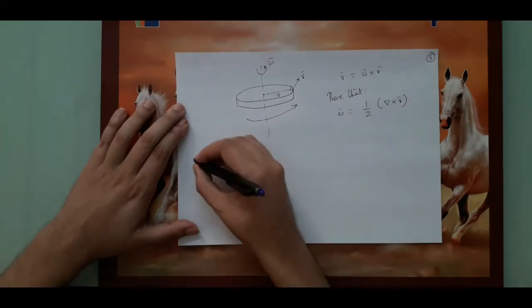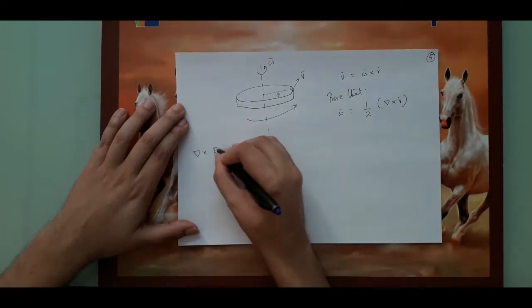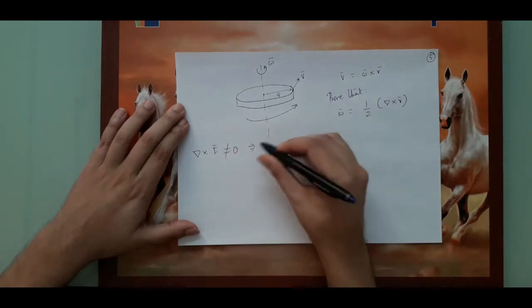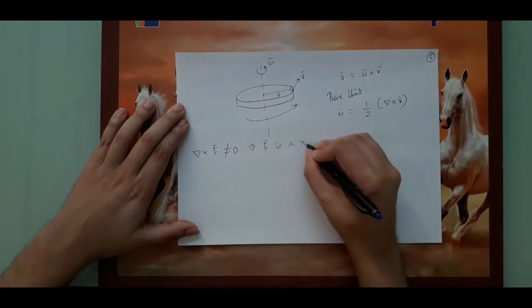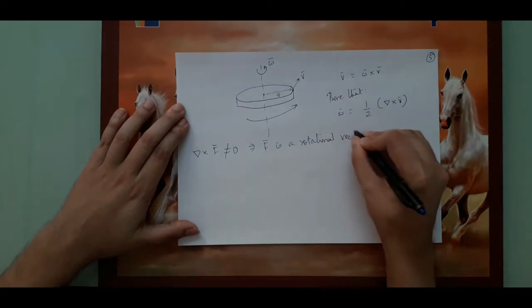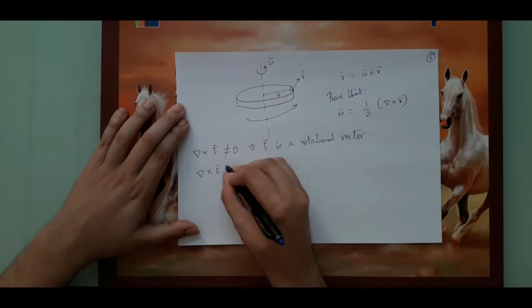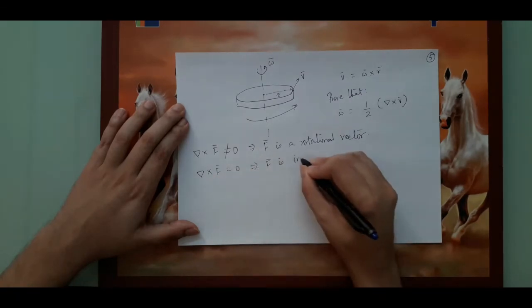So if del cross F is not equal to 0, it means F is a rotational vector. If the curl of F is 0, that means F is irrotational.